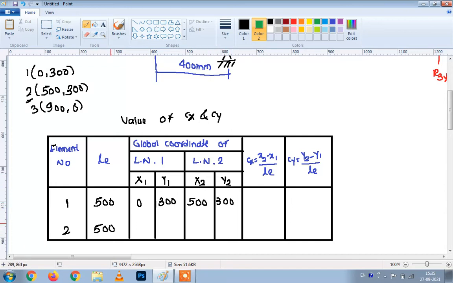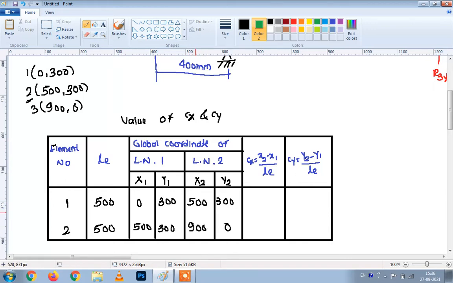Element number 2 is connected between 2 and 3. So for 2, which is local node 1, we get 500 and 300, and the coordinate for the third is 900 and 0.